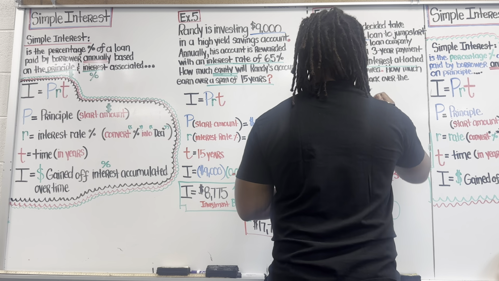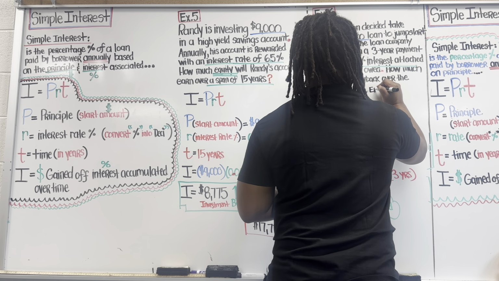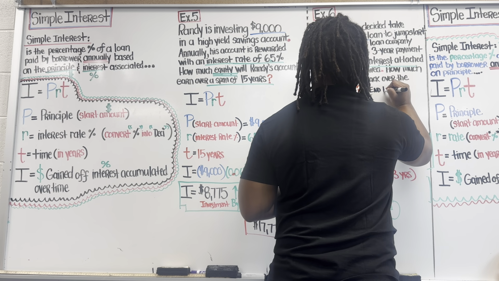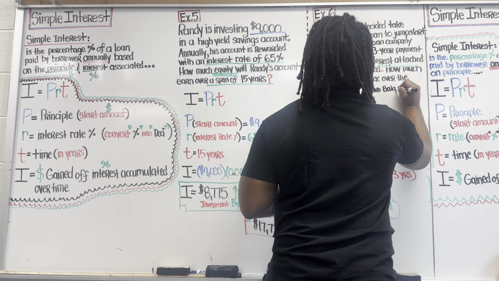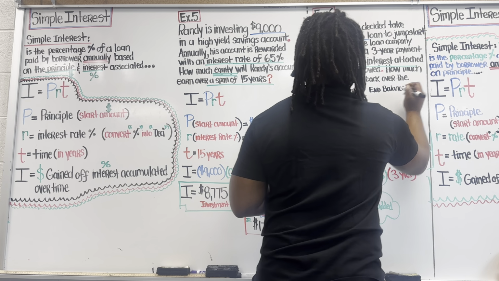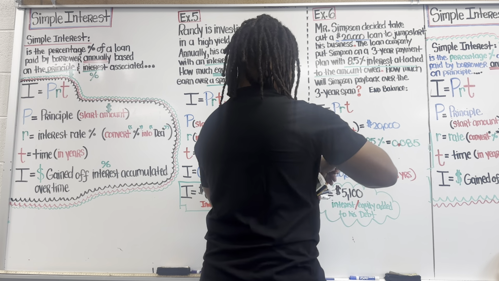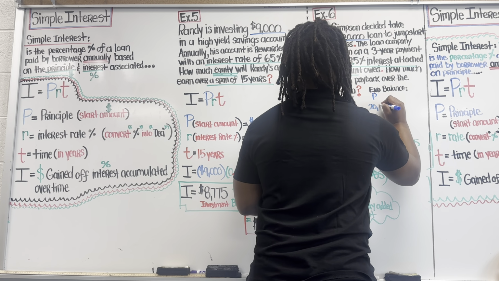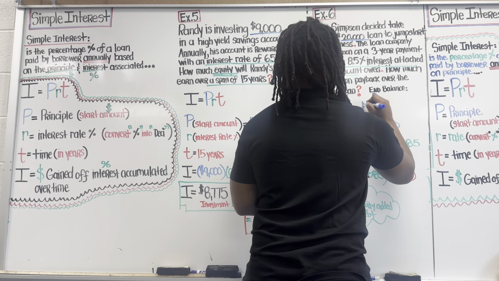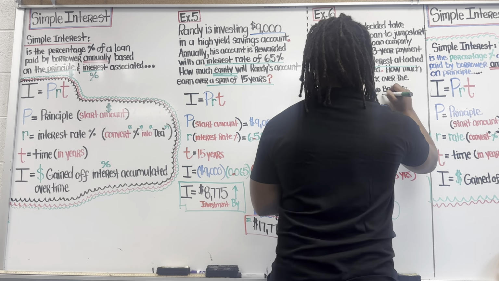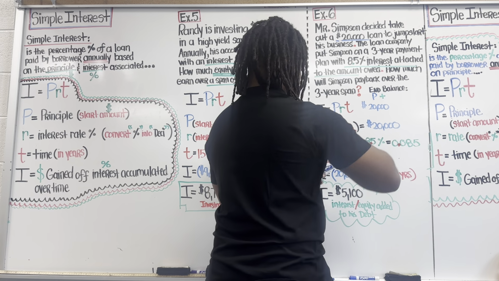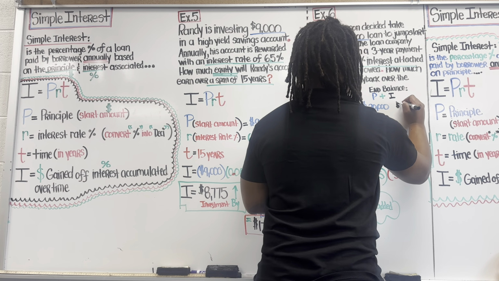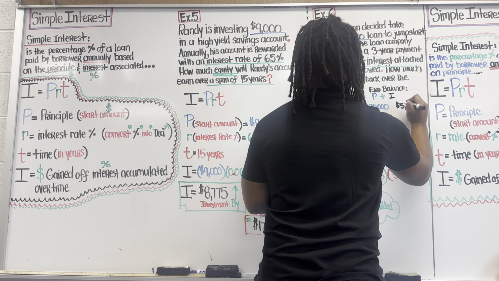So let's go ahead and do that. The end amount, or the end total, end balance, however you want to say it, that he has to pay back is P, which is $20,000, plus the interest that was added on top, which is $5,100.